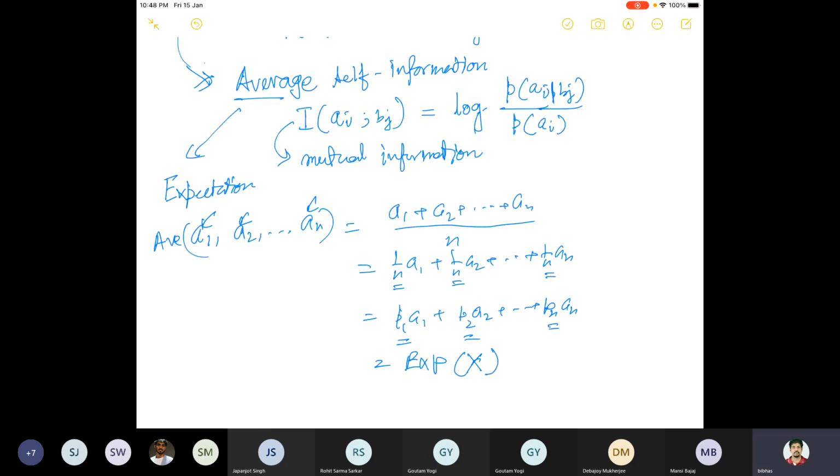Whenever I say A1, A2, ..., An, they are associated with a random variable: if you have possible outcomes x1, x2, ..., xn, then x1 is associated with the number a1, x2 with a2, and xn with an. So in probability theory, the standard language is expectation instead of average.